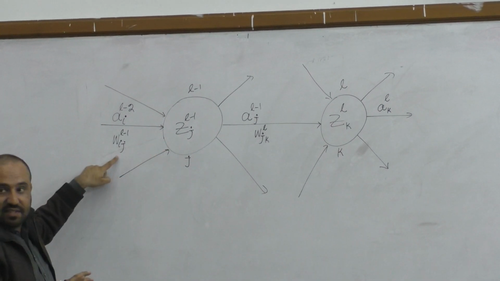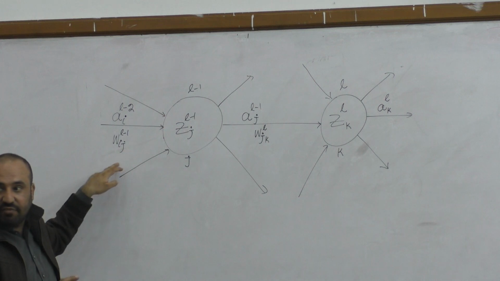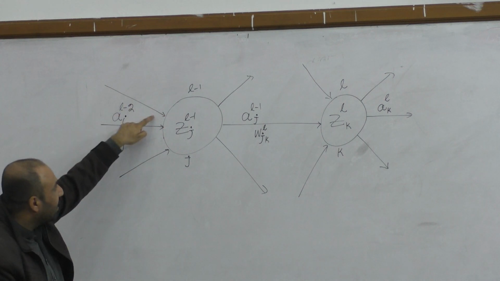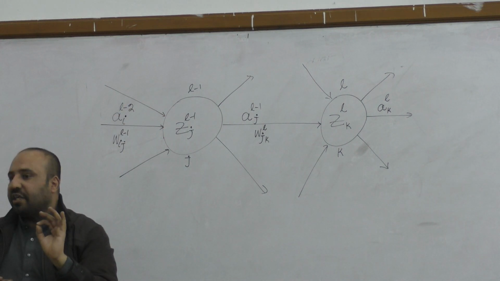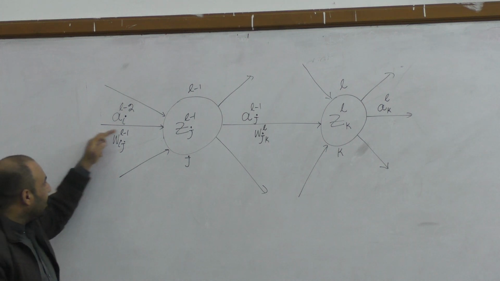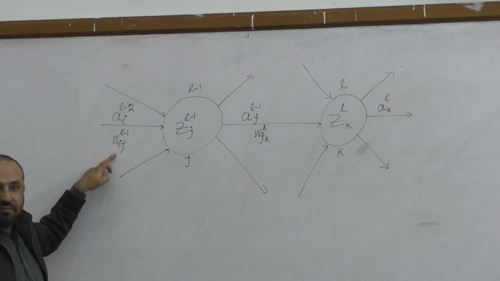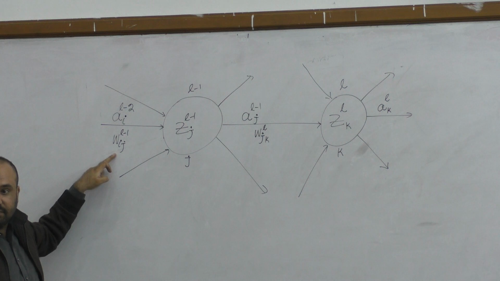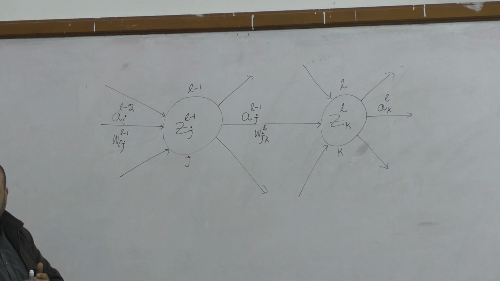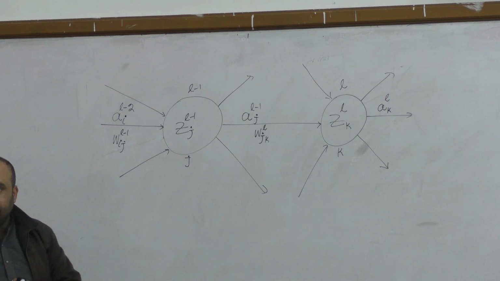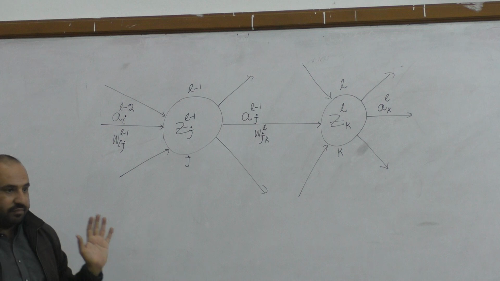This is one of the weights. There are several weights here. This is one of the weights. Another weight is associated. For each edge, there is a weight associated. For this particular edge, this weight is associated. Make sense? So far, so good?